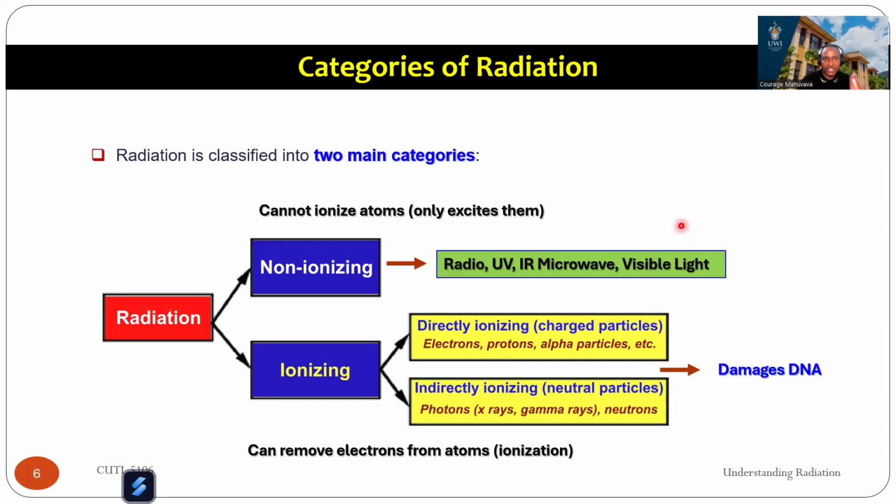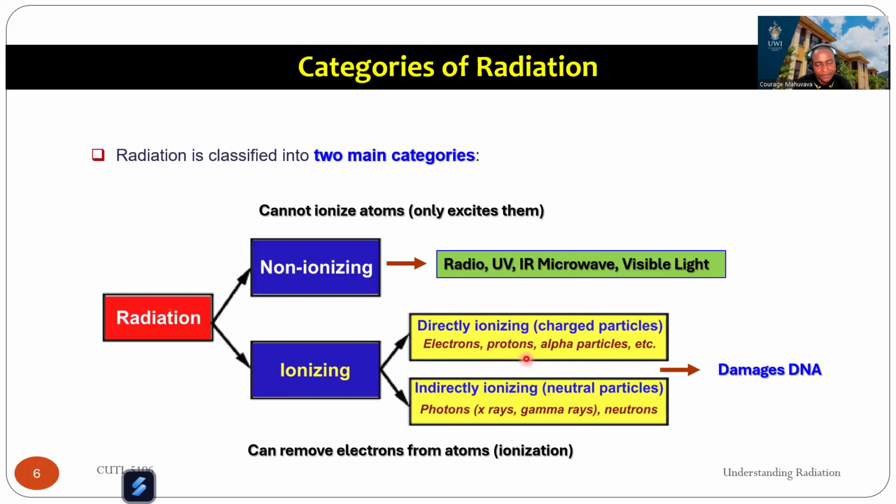So we can categorize radiation into 2. We can either categorize it as ionizing, that is the type of radiation that is able to remove electrons from atoms, or we can categorize it as non-ionizing, which is the type of radiation that does not have sufficient energy to eject or to remove electrons from atoms.